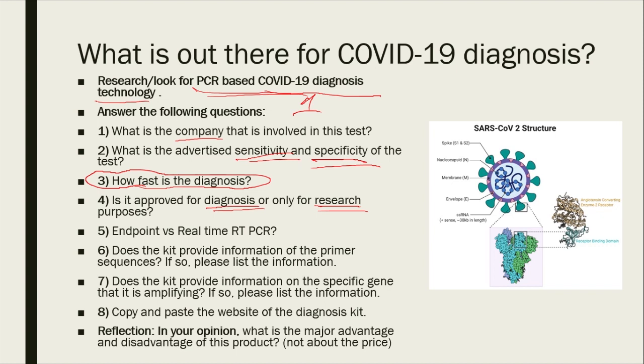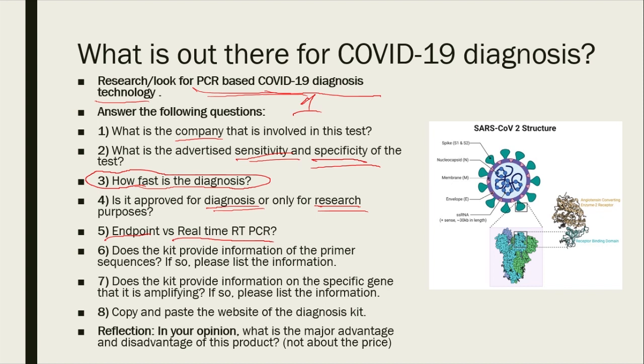There I can say you are highly suspected for this infection, but I cannot certify that you are infected. So diagnosis versus research. Is it endpoint versus RT-PCR? We just talked about the differences between real time and endpoint. So again, it is just spotting that information.